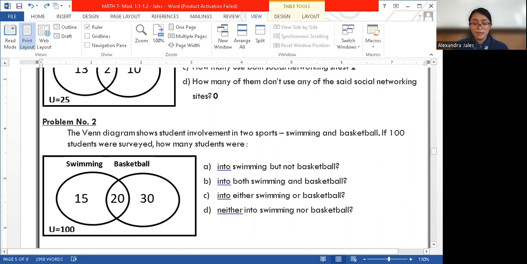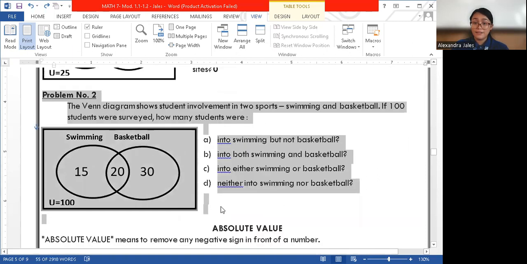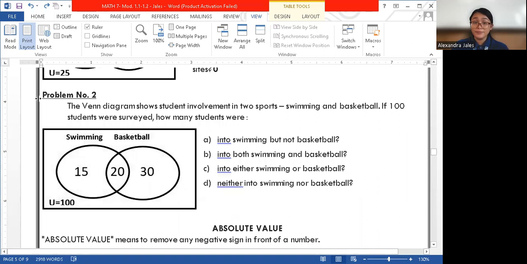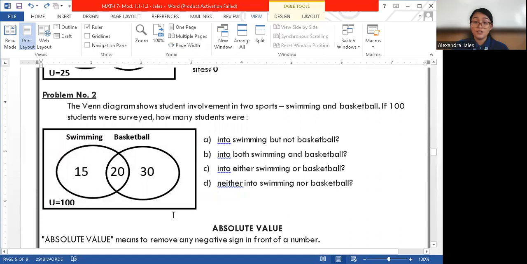Don't forget, you have a major task to do. You also have mini tasks to do. Actually, your mini task is just like this one. If you finish answering this activity, you can answer your mini task also.